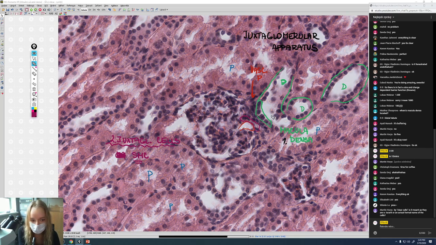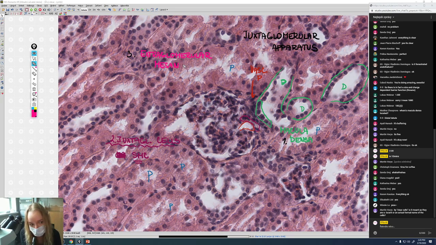So we have macula densa, modified cells of the distal tubule, juxtaglomerular cells, and the third cells that are located in the juxtaglomerular apparatus are extraglomerular mesangial cells.